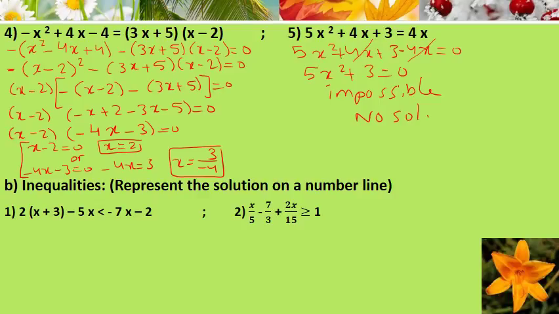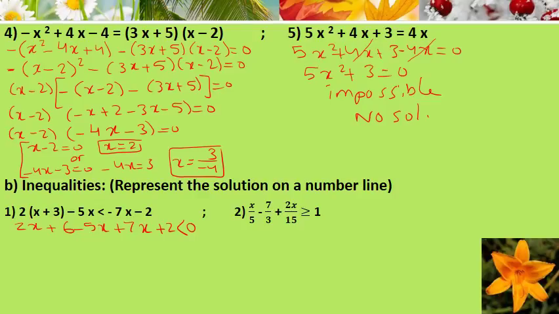Now we will solve inequalities with less than and greater than. Start, Ali, with the first one. 2x plus 6 minus 5x is less than, we bring the next part, plus 7x plus 2 is less than 0.